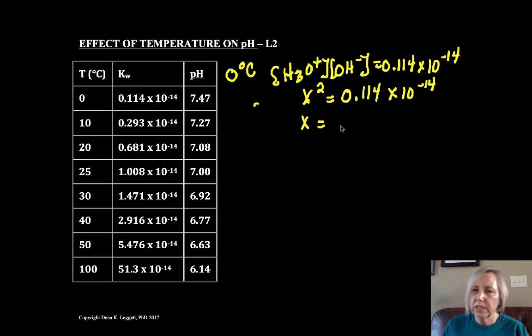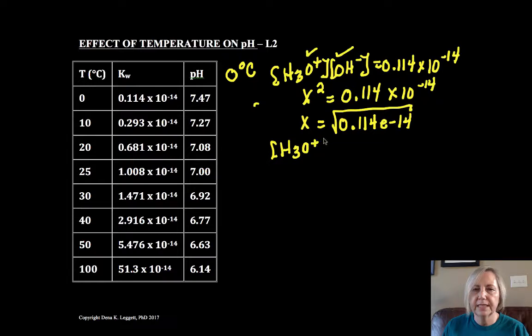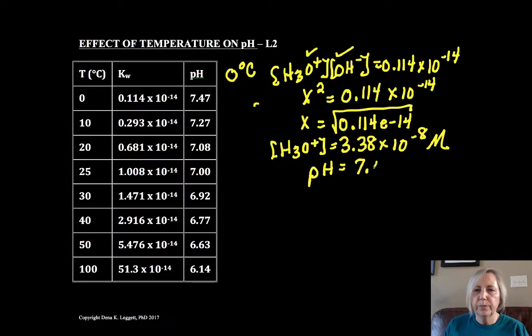So x, which is our H3O plus and our OH minus, is the square root of 0.114 times 10 to the minus 14th, and what we would get then is our H3O plus is equal to 3.38 times 10 to the minus 8th molar. Not totally worried about sig figs yet because I'm just making a conceptual point. So if I take the negative log of that, I get pH equals 7.47.